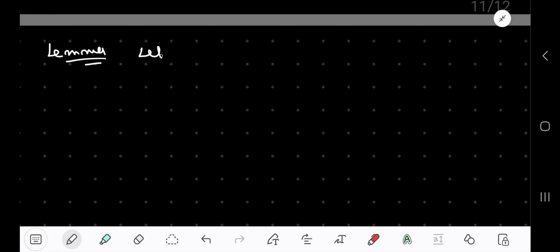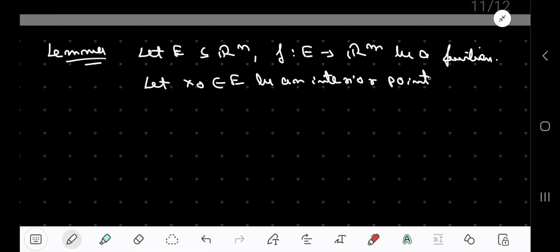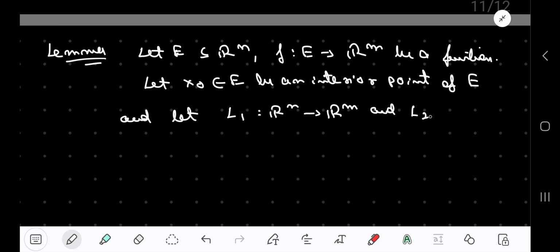That is, let E be a subset of Rn, f from E to Rm be a function, let x naught in E be an interior point of E, and let L1 from Rn to Rm and L2 from Rn to Rm be linear transformations.